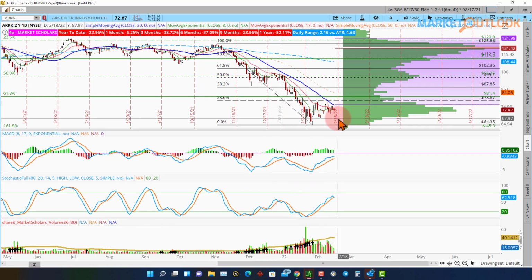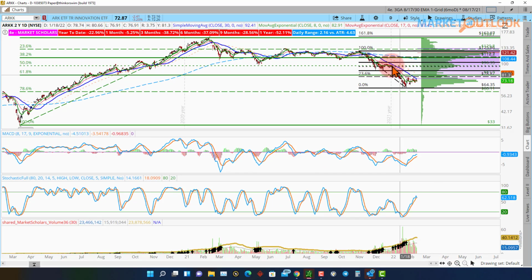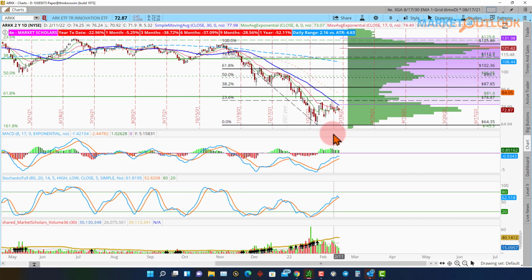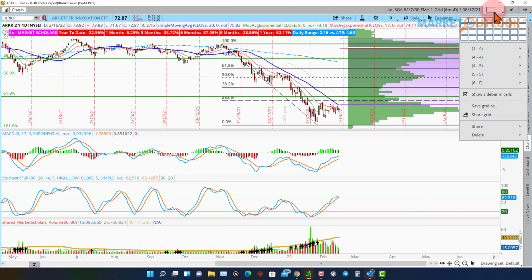It appears that's the case right now, that we're potentially forming a new leg lower again on Bitcoin, going back to the downside. So we'll see. We haven't gotten back above this 23% line yet, of this drop that we've been on pretty much since beginning in November, when we failed there at the 200-day moving average.